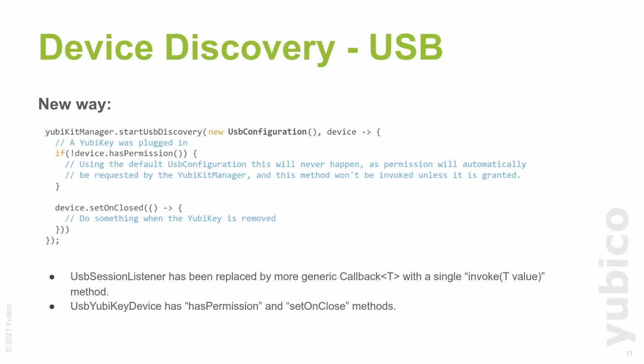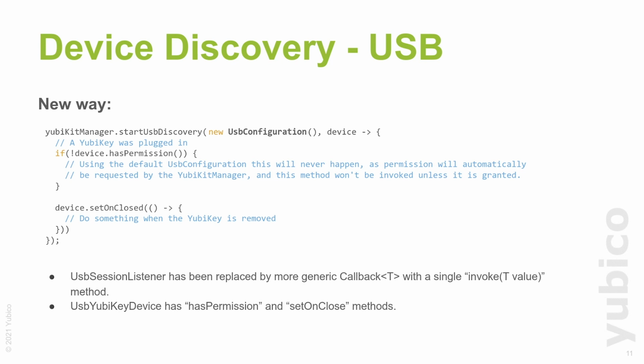The new way in 2.0 initially looks the same. You do start USB discovery. Now we've replaced the USB session listener with a more generic callback interface, which is used in various different locations in the SDK as well. That has a single method, and checking permissions or handling the USB unplug event can now be done for the specific YubiKey device reference that you get.